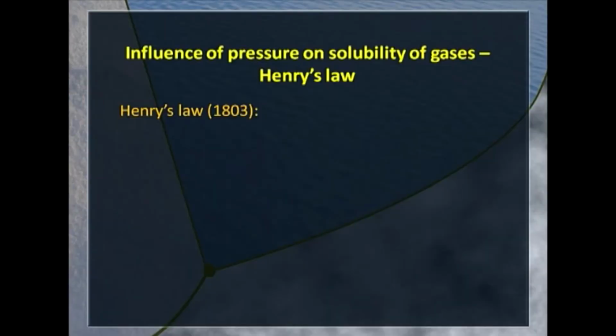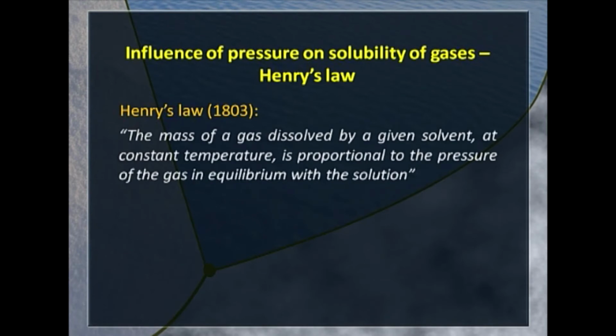Extensive studies on the solubility of gases and the influence of pressure on this were carried out by Henry, which resulted in what is called Henry's law. According to this law, the mass of a gas dissolved by a given solvent at constant temperature is proportional to the pressure of the gas in equilibrium with the solution.